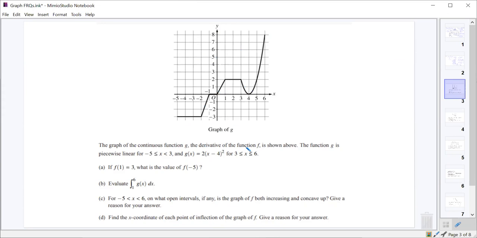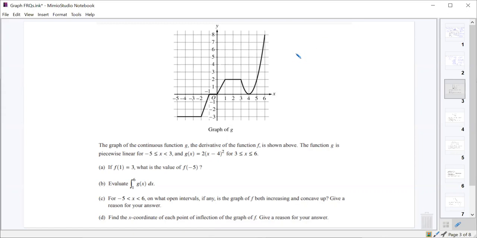we've got to think about how to find values of f. Values of f should, in this case, come from the integral of g, right? Because the integral of g should be f if the derivative of f is g.